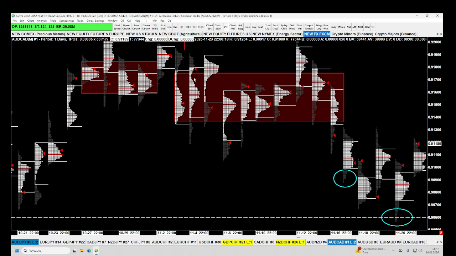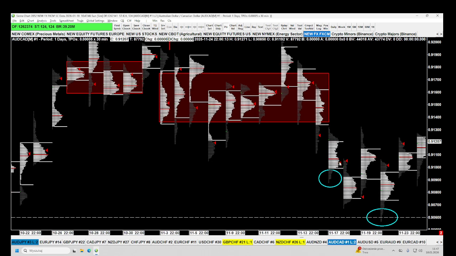If I have those two blocks, I'm looking for the next breakout, same as what happened here. First of all I have to see two blocks, and then I'm waiting for the breakout into the direction of the blocks.